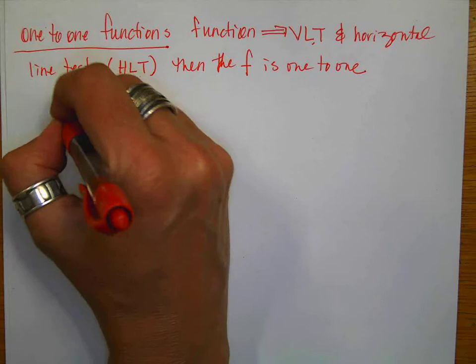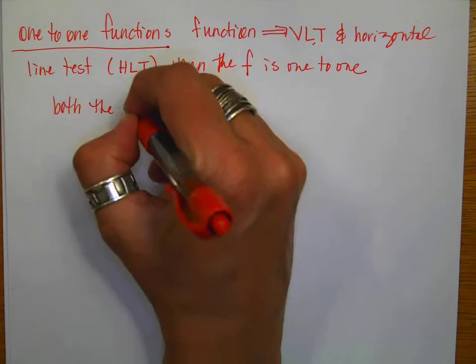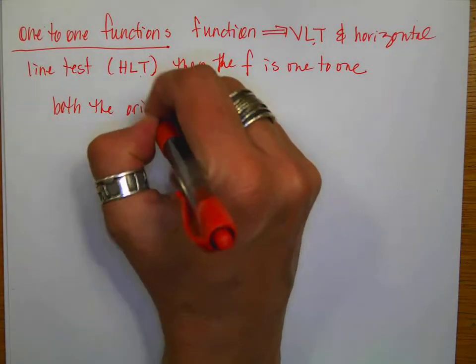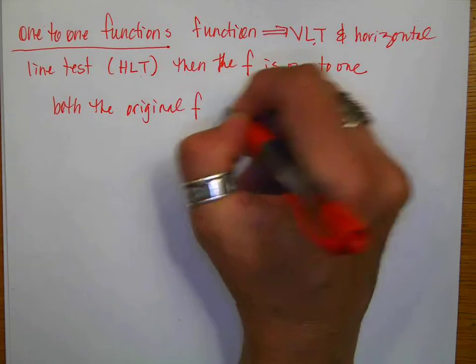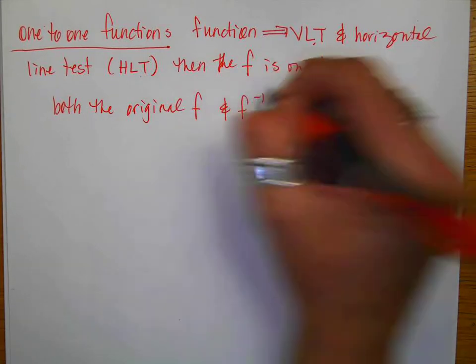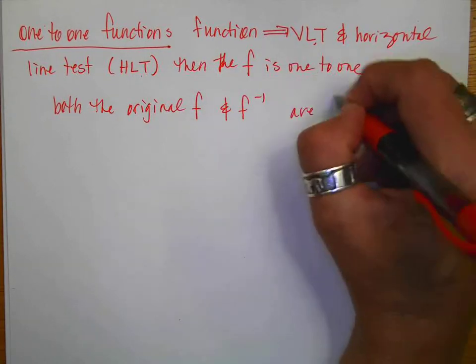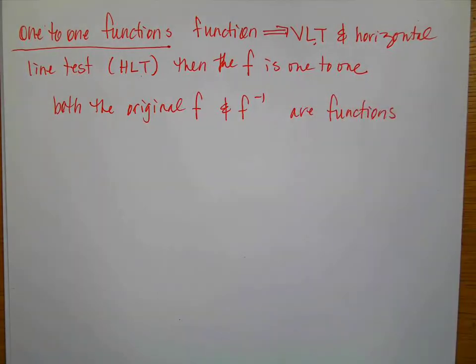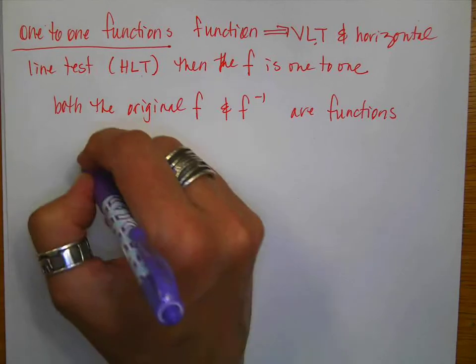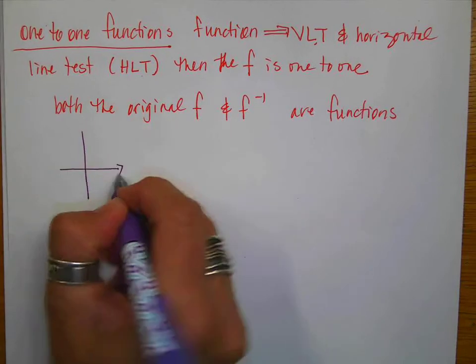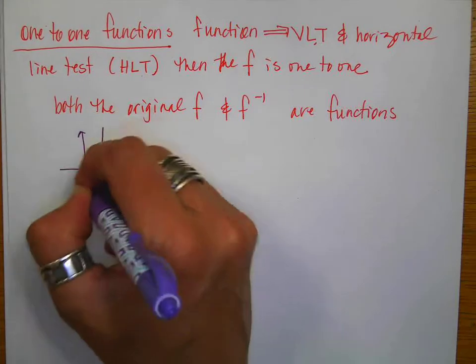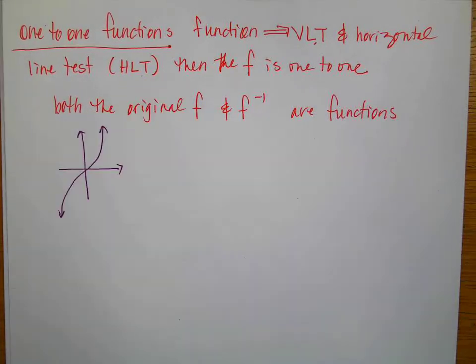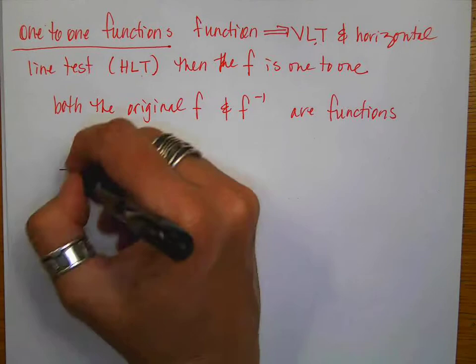And what it means that the function is one-to-one is that both the original function and the inverse are actually functions. All right, so let's do an example. In the classic example, well, let's do this one first. So let's do the cubic function.